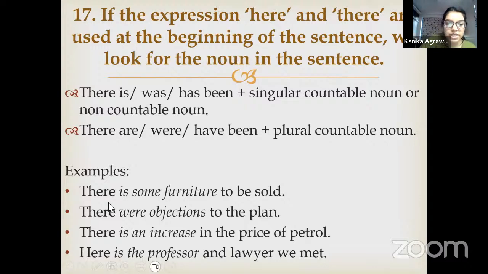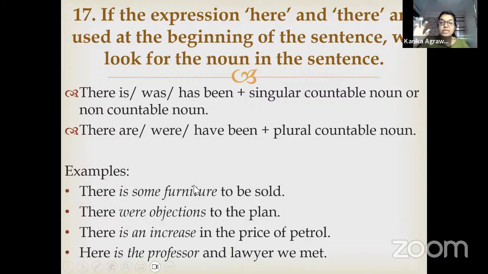So if you can say there is one table to be sold, that would be countable noun. One table. You are able to count. It is one. So countable noun. There is some furniture. Furniture cannot be measured like that, right? So it is non-countable noun, but it is singular noun.